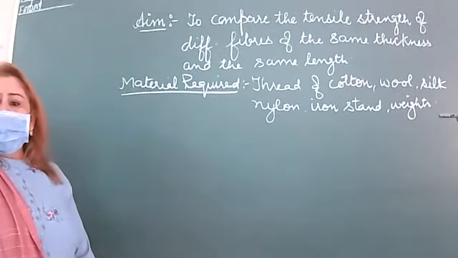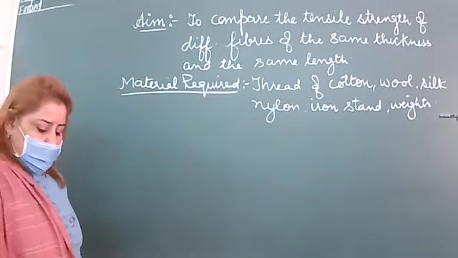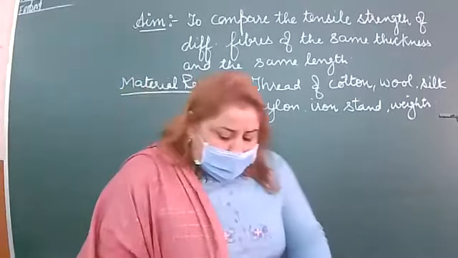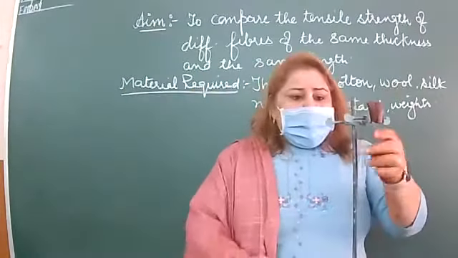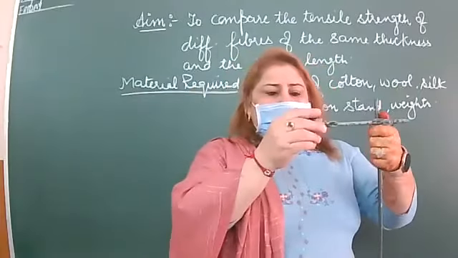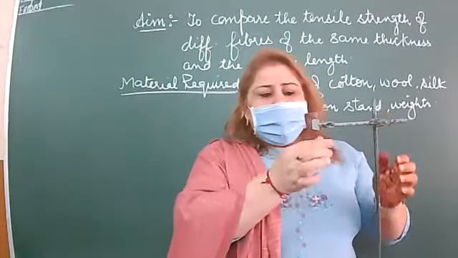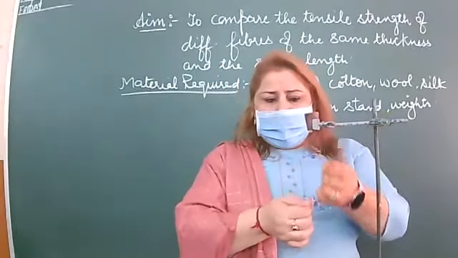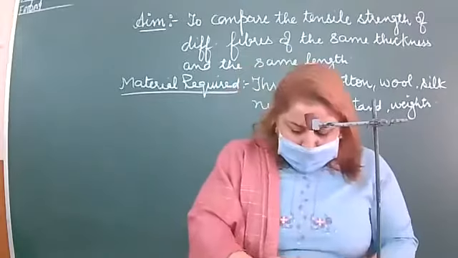Now what we will do in the method? What is the procedure? We will take a look here. This is a clamp. In between it we will fix the thread. Here we tie it up, we can do it like this.